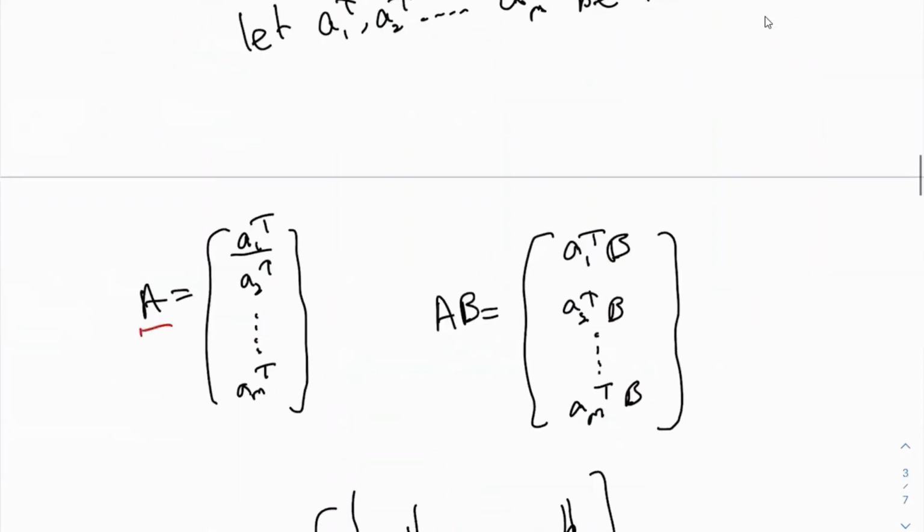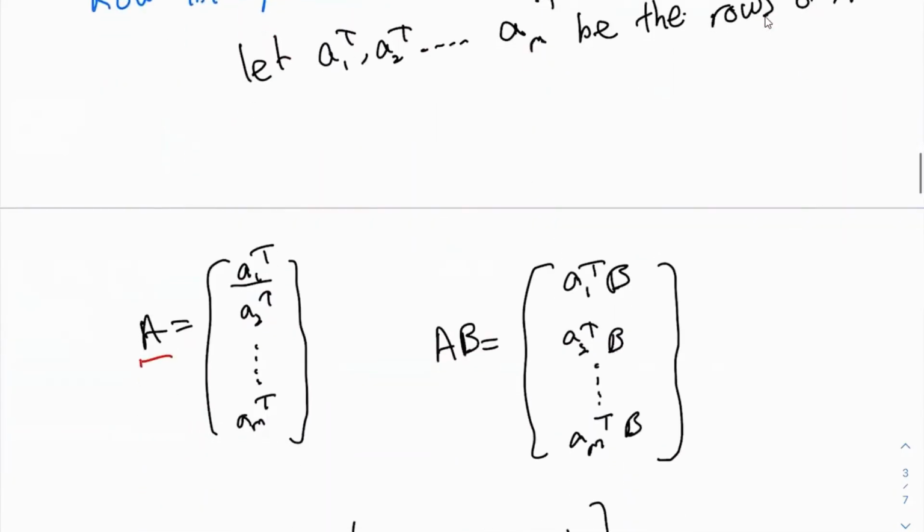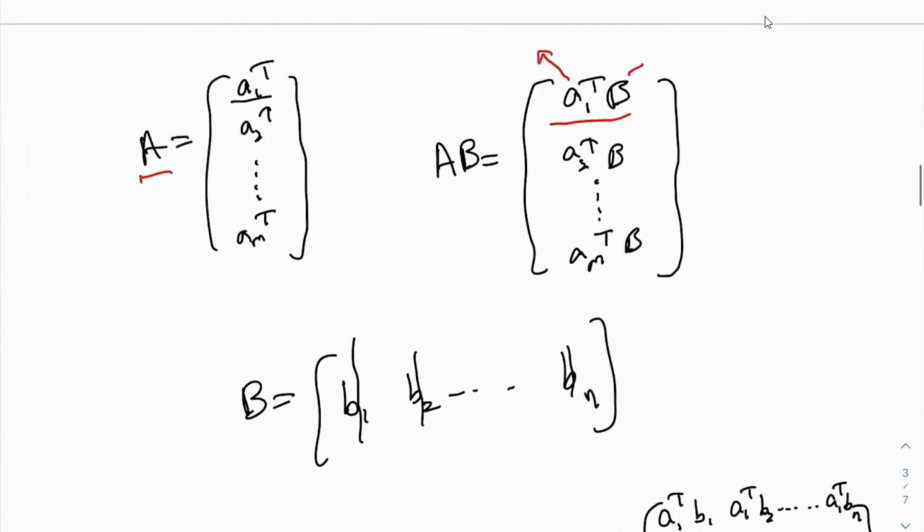Okay, so this is a row representation of matrix A. Now it turns out that AB is nothing but A1 transpose B, A2 transpose B, all the way to Am transpose B. What it means is that you're gonna go ahead and multiply each row by the matrix B, right? So the first row of AB is gonna be the first row of A multiplied by the entire matrix B. And the same way for the second row and all the way to the mth row, right?